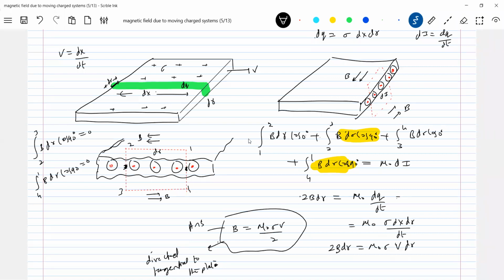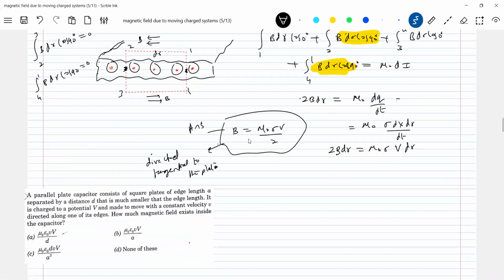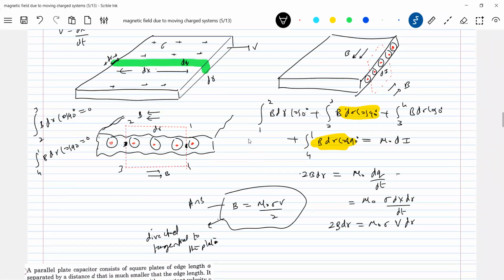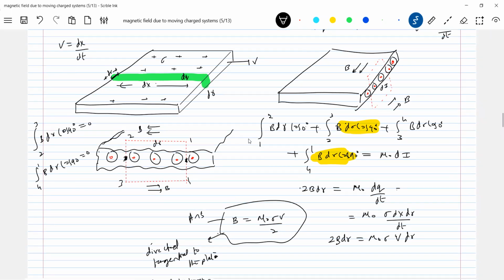I'm showing the arrows here. Okay, this is about the B bar due to a large non-conducting sheet. Just one small application. Okay, somebody is asking. That dx by dt is what we have replaced with v.